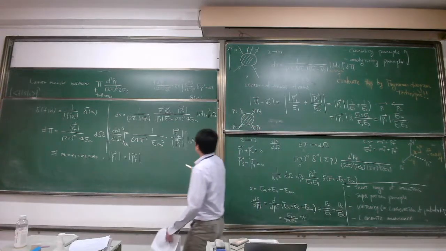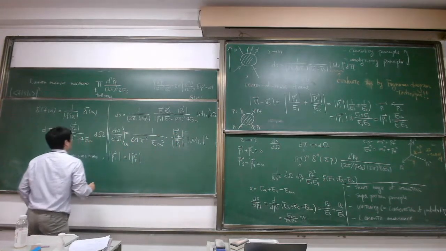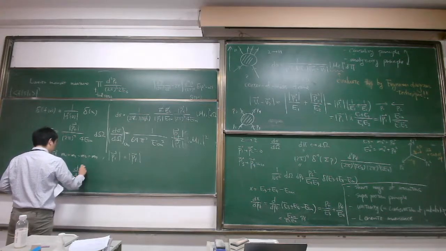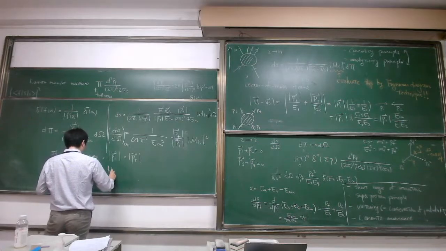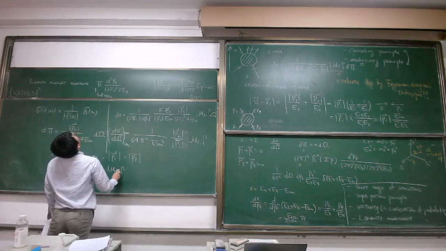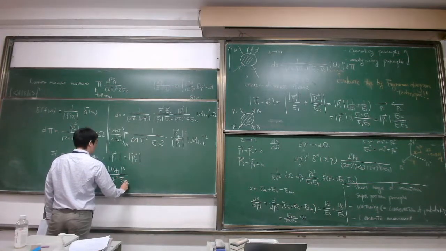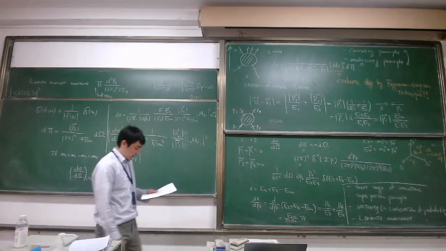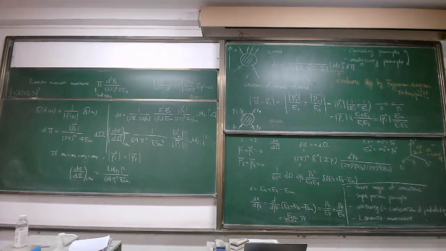So therefore P_f and P_i should be equal, and the amplitude is significantly simplified. This is equal to M_fi squared over 64 pi squared E center of mass squared. So that's what's happening in the 2-to-2 scattering process with the same mass in the center of mass frame.